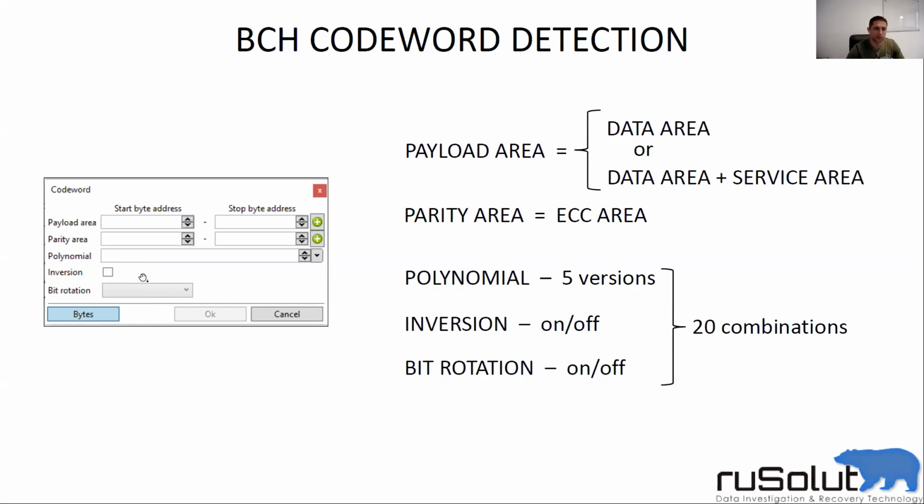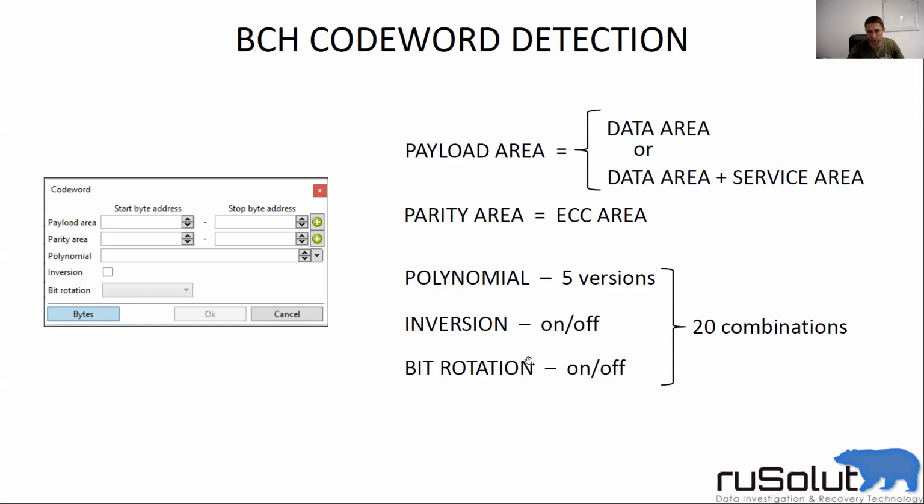So that's the parameters of Codeword. And we can understand that from the previous step, we kind of know already where is payload area and where is parity area, right? Because we could see this. So we don't have any questions about this part. But we don't know which polynomial exactly is used and if it's necessary to use inversion or bit rotation.